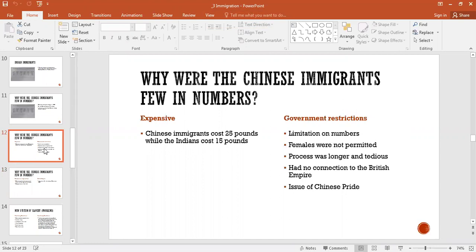Another reason, which is linked to restriction, obviously with the discouragement, is Chinese pride.